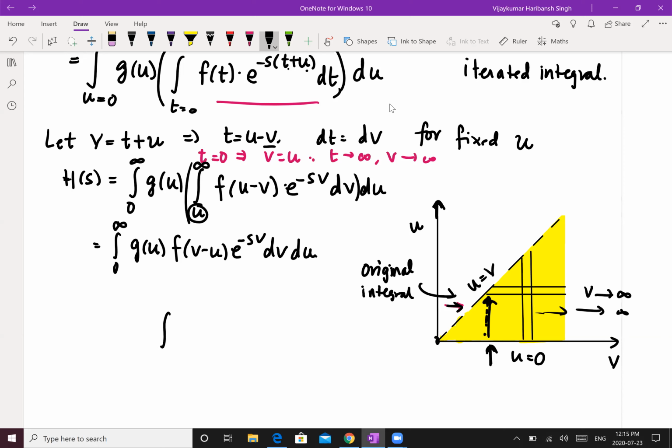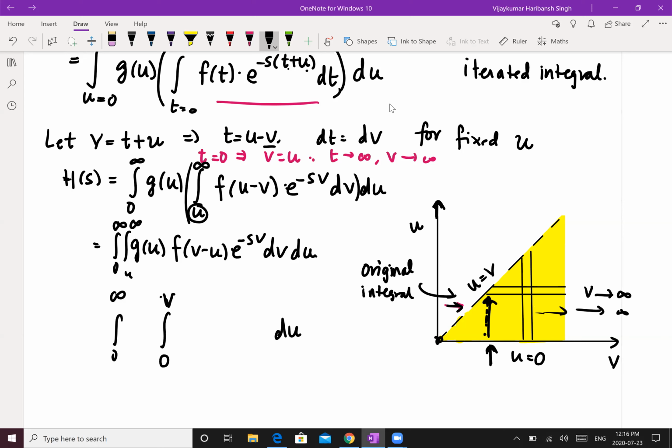It'll be u equals 0 to u equals v, and I'm changing the order for u. And then what about your v? v changes from 0 to infinity.